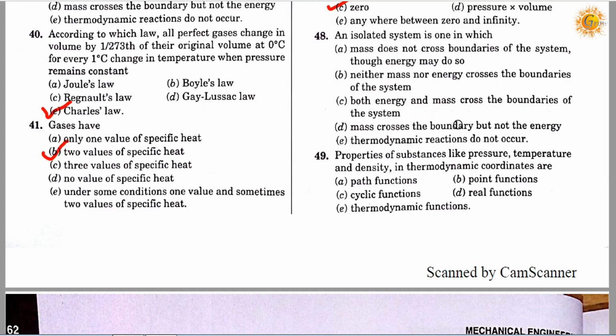Correct answer is B. Isolated system: neither mass nor energy crosses the boundaries of the system.